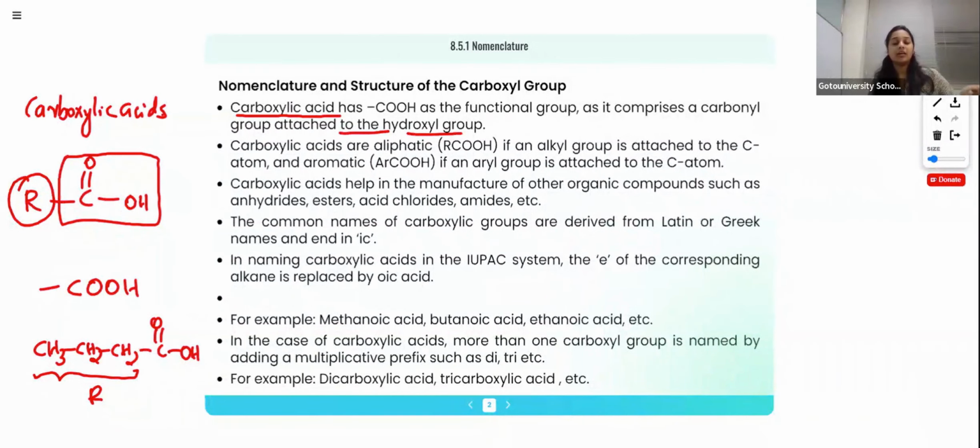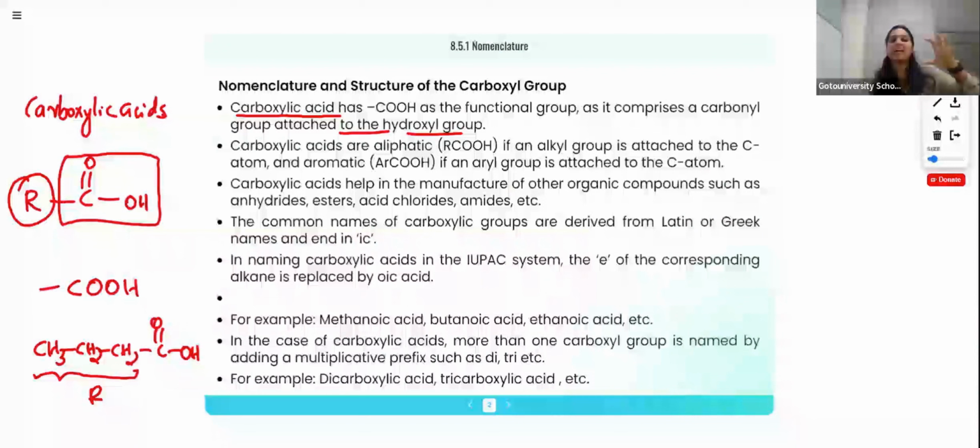Understood? I told you the compounds containing carboxylic groups are called carboxylic acids. So here the R group, this is an aliphatic carboxylic acid and this group is called an aliphatic group. Why? This is a normal chain. Then what do you mean by aromatic acid? Means instead of this group, it will be an aromatic ring like benzene. They are called aromatic acids.